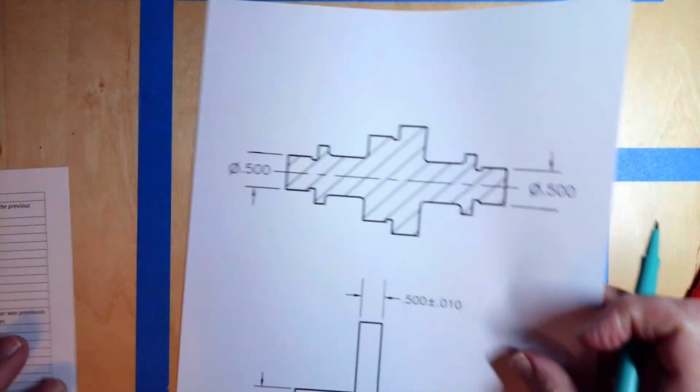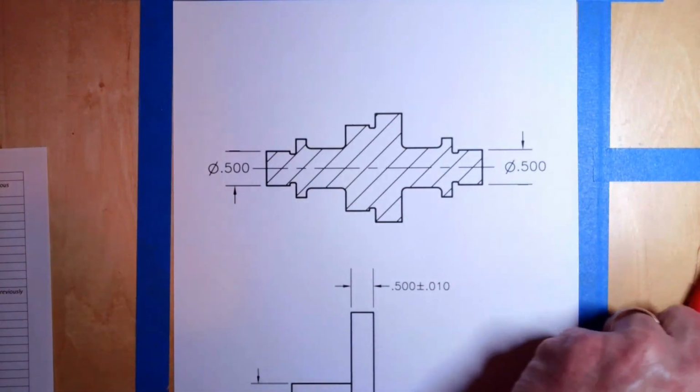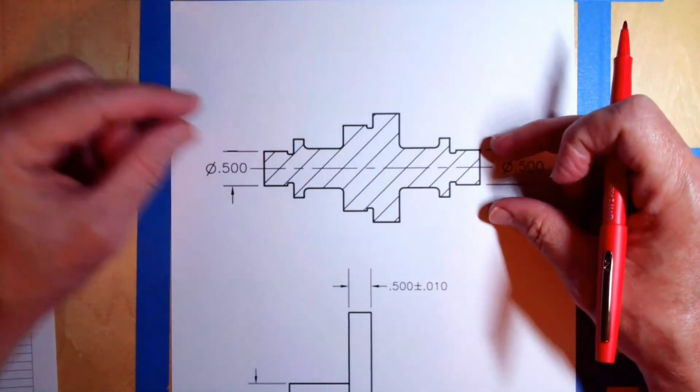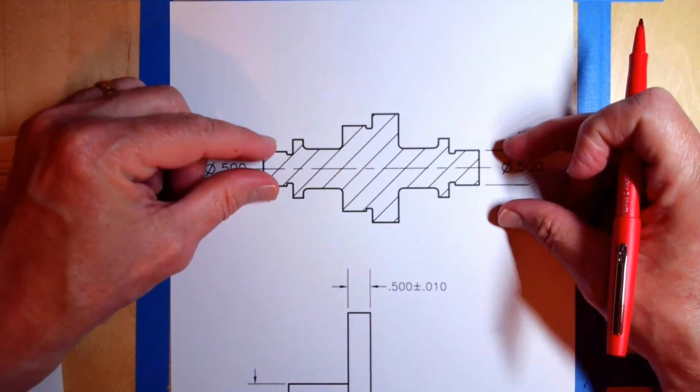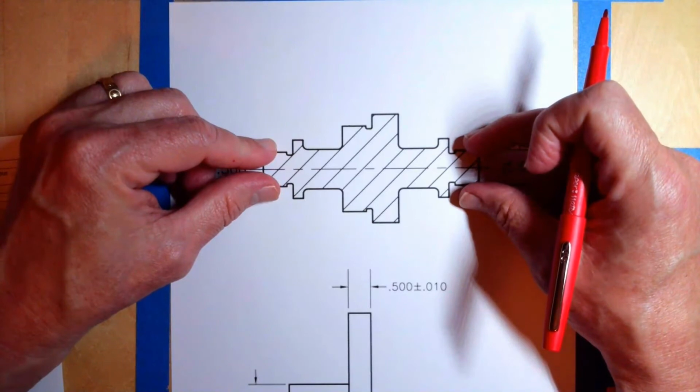All right. So let's do another example here. Okay. This is our last example that we're going to look at. And on this one, again, we want to use a compound datum, right? Because in this example, we're going to say that we have a bearing here and a bearing here that are holding this part while it's rotating.